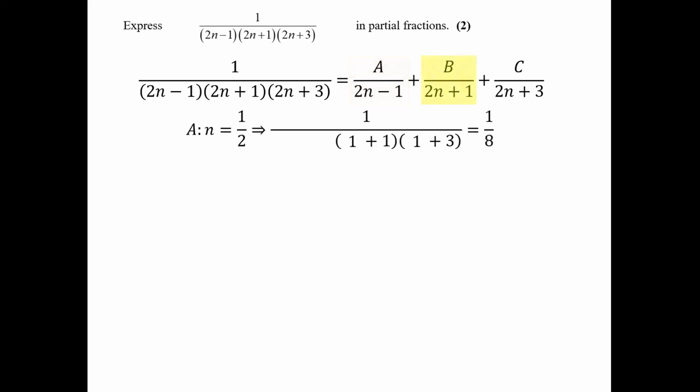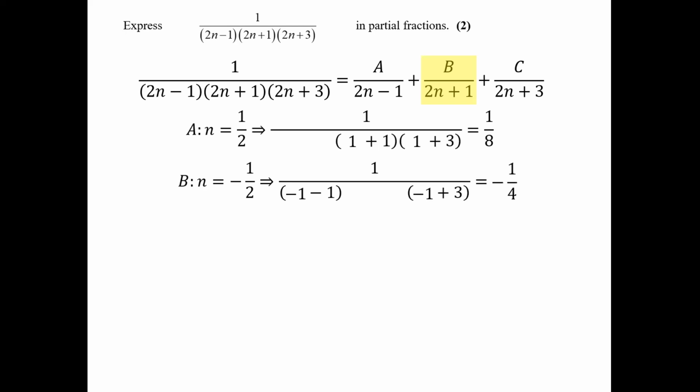And then b, do the same thing again, but I need to make n equal to minus a half now to make the bottom line 0. So I need to cover up that 2n plus 1 factor, so I'll get rid of that. And I'll put minus a half in, so the 2n will be minus 1, and minus 1 minus 1, and minus 1 plus 3. So I'll have minus 2 and plus 2 on the bottom.